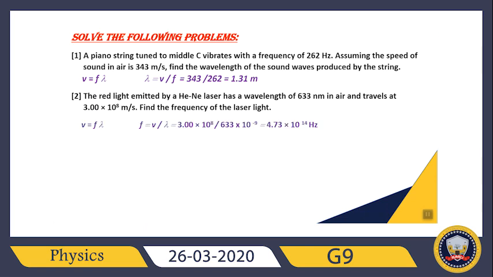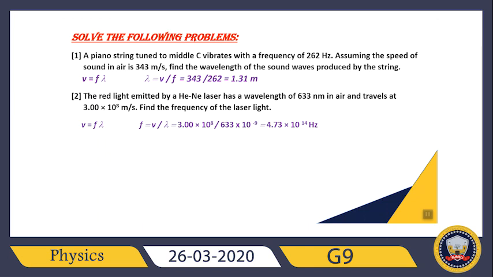Again the same equation, v equals f multiplied by λ, so f equals v divided by λ. v is 3 multiplied by 10 to the power 8, and λ after conversion is 633 multiplied by 10 to the power negative 9. By calculation it equals 4.73 multiplied by 10 to the power 14 Hz.